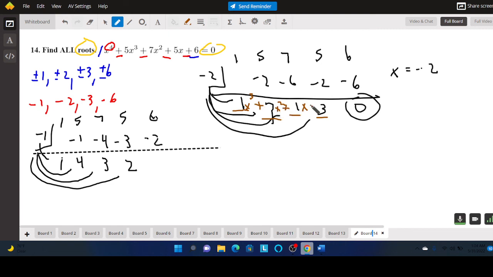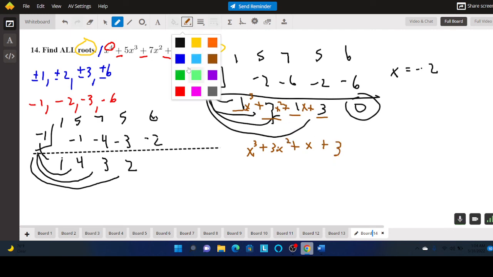I'm going to rewrite this: x cubed plus 3x squared plus x plus 3. Because of that pattern, 1, 3 and 1, 3, we can consider factoring by grouping instead of continuing with synthetic division.